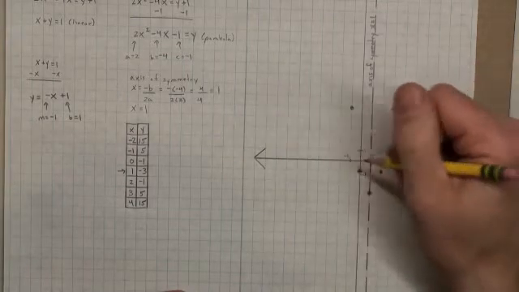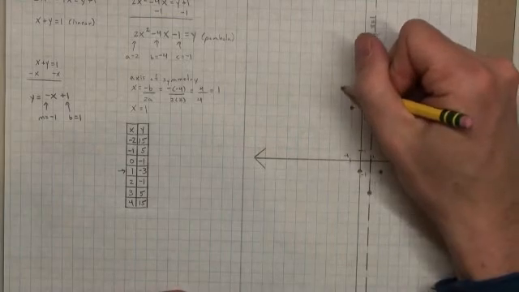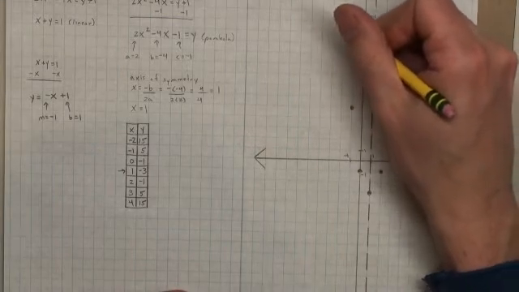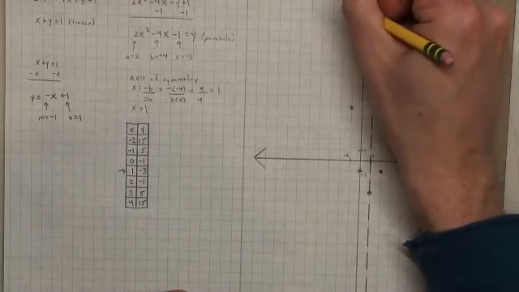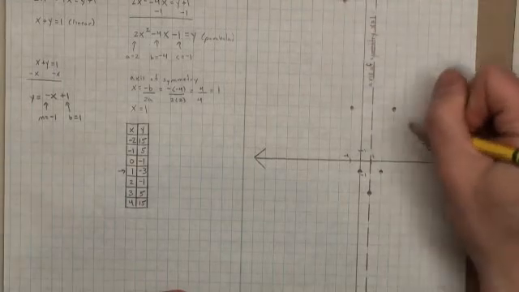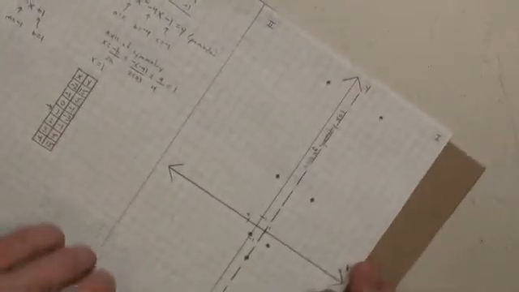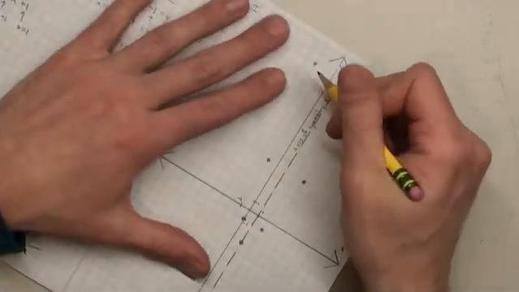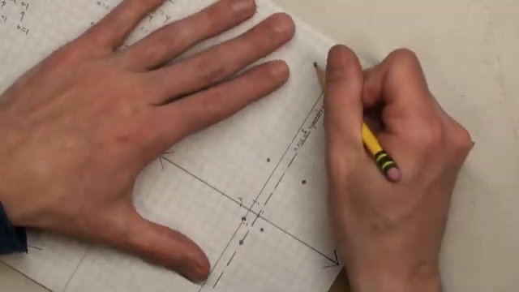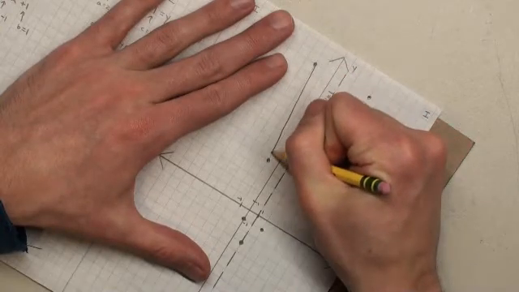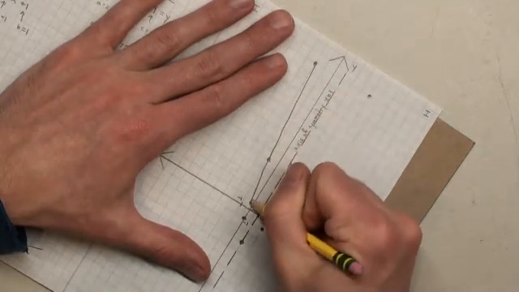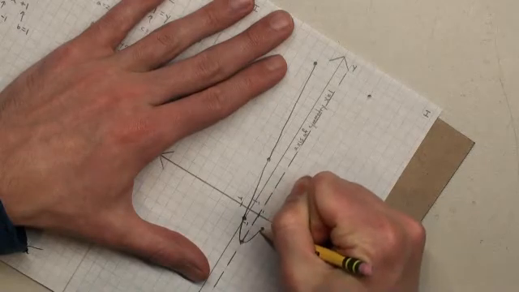And we have negative 2, 15. And we have 4, 15. Okay, so this is a long one. This is not going to be easy to draw well, I don't think. But you just do the best you can.